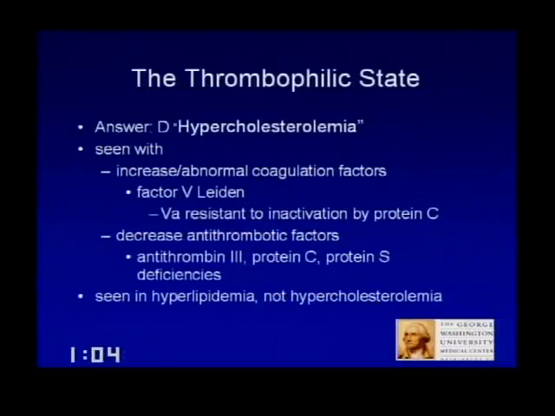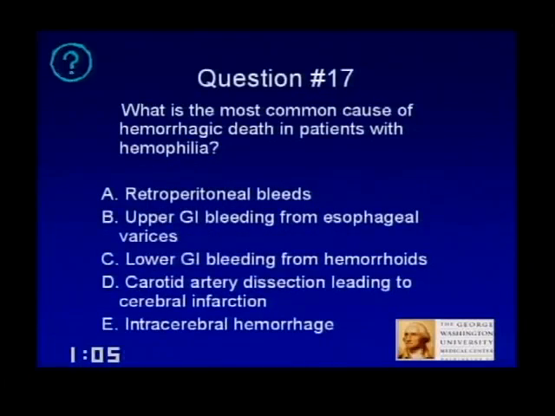And it is seen in all the conditions that we mentioned except for hypercholesterolemia, but it is seen in hyperlipidemia. So thrombophilic state is seen in patients with antithrombin deficiency, polycythemia vera, Crohn's disease, nephrotic syndrome. These are all people, if they have relatively minor complaints that could be a DVT, you should work them up.